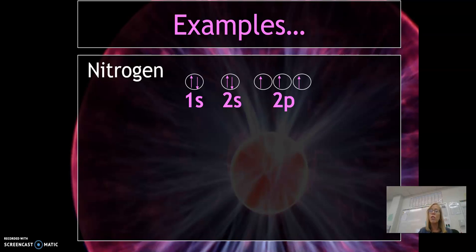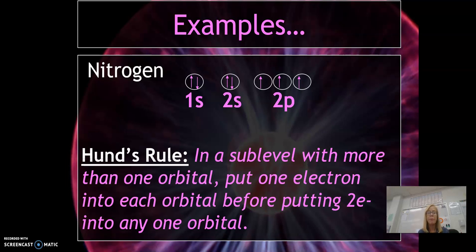Now notice for the 2p, you will have 3 circles or 3 lines because there are 3 orbitals that are part of the 2p sublevel. You'll notice in the 2p, all 3 of those electrons are up. You have now seen an application of what's called Hund's rule.